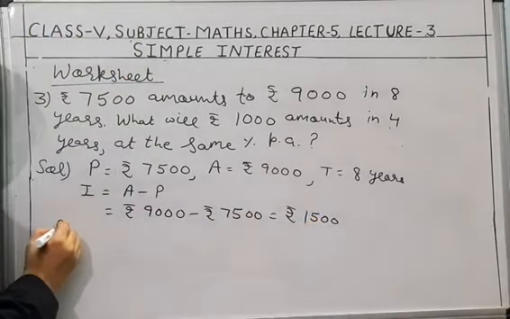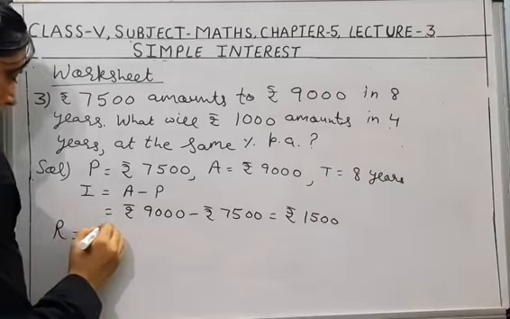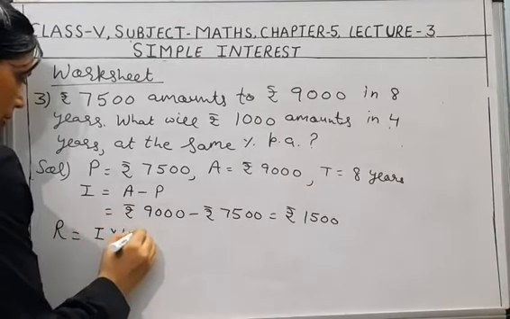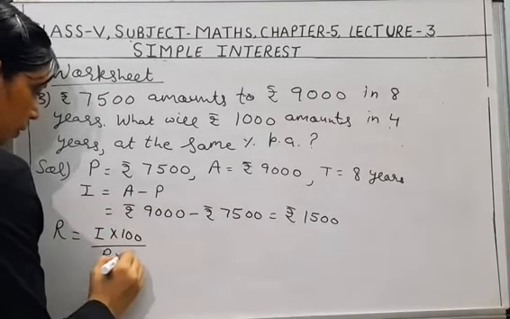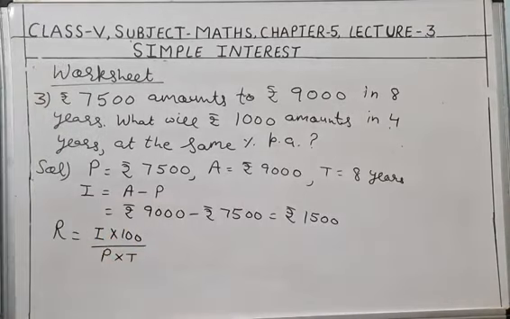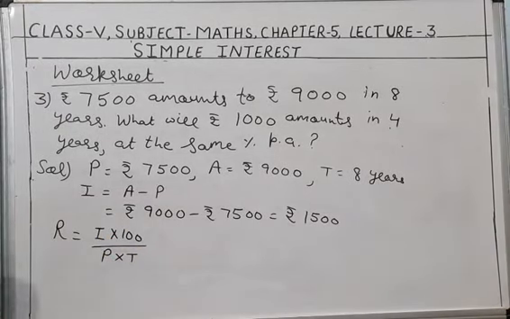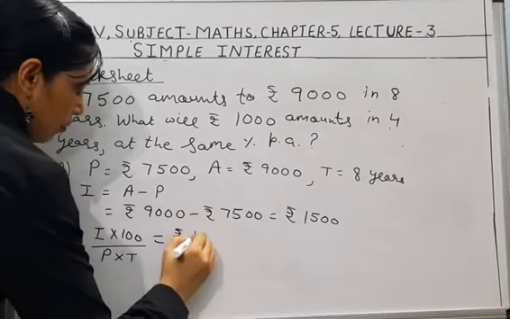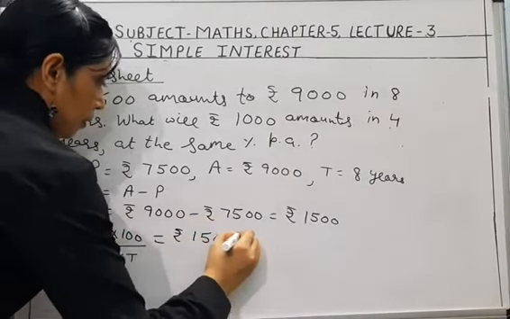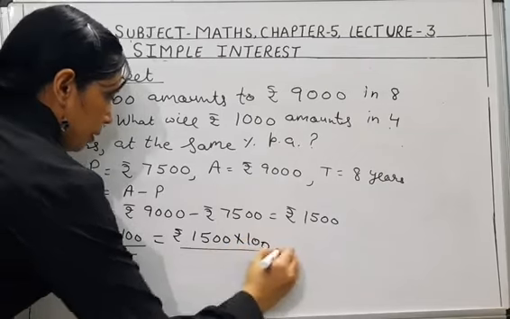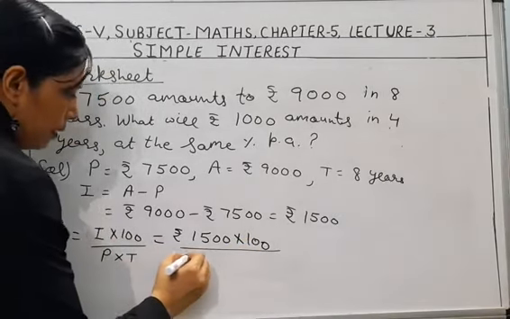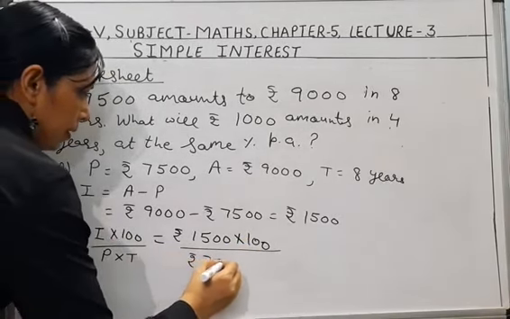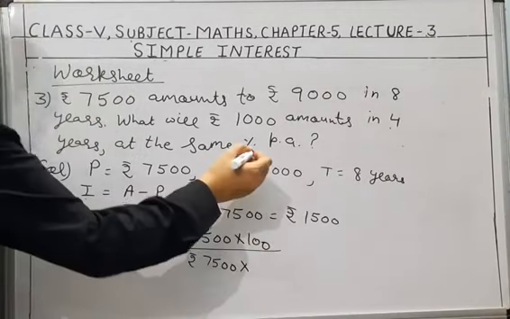Now we have to calculate rate. Rate is equal to interest multiply 100 upon principal into time. Got it? Interest you have calculated rupees 1,500 multiply 100 upon principal rupees 7,500 multiply time.